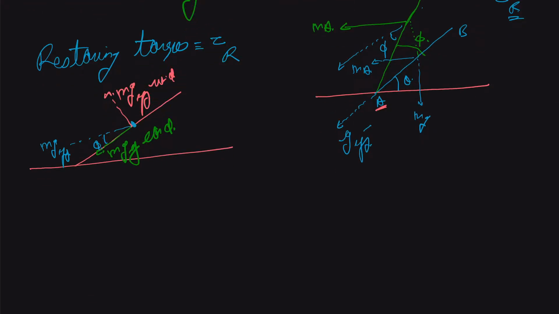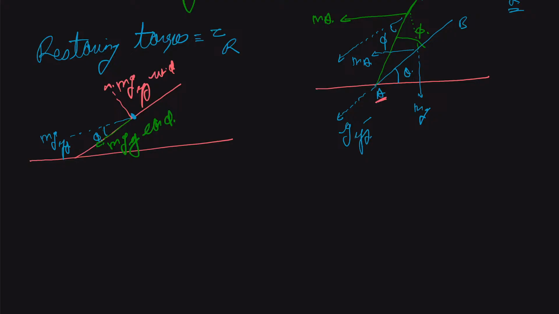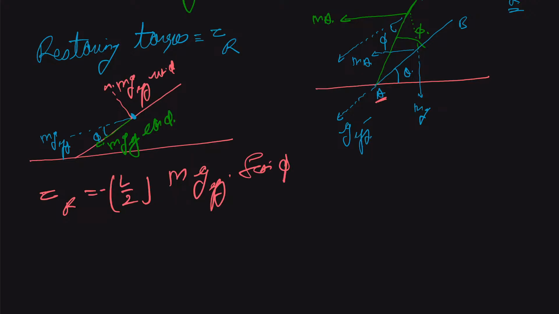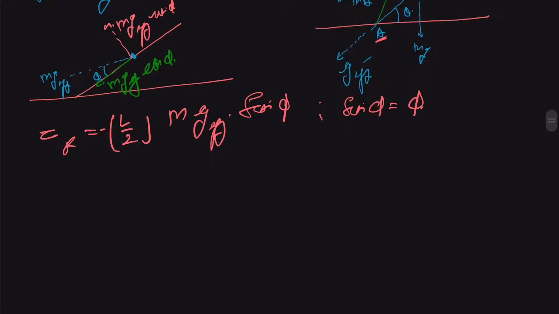Therefore, we can say that our restoring torque, that is our tau r, will be equal to L by 2 times m G effective and sine of phi. Restoring torque is there, so we put a minus. And this phi is very small, therefore sine of phi is approximately phi.